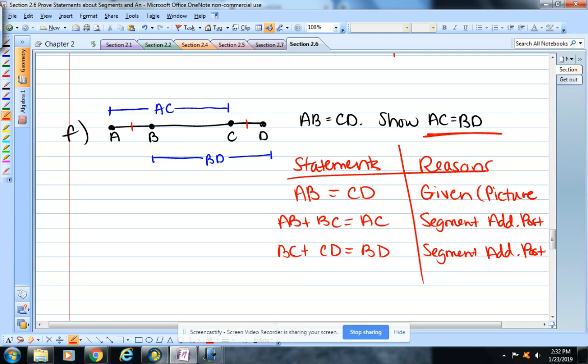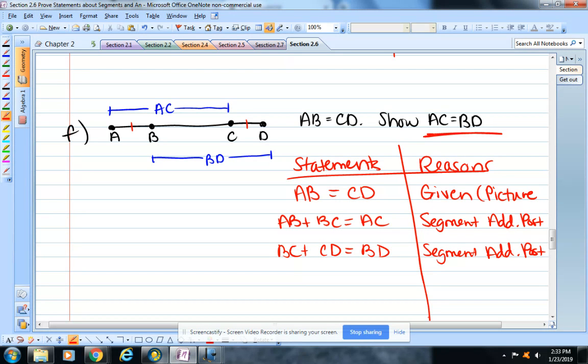Okay, now let's play around with those equations for a little bit. Start with what they gave me. What can I say? AB equals CD. It sure does. It tells me that, right? So that means anywhere I see an AB, I can replace it with a CD.